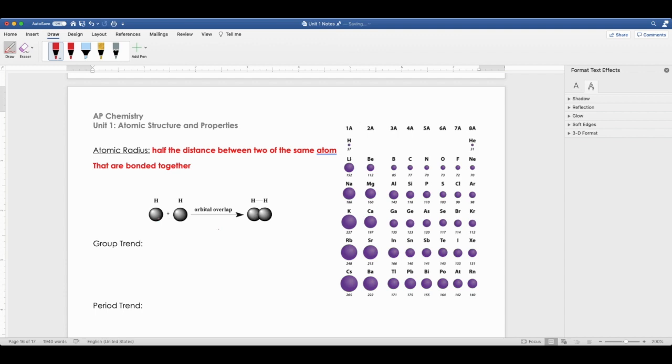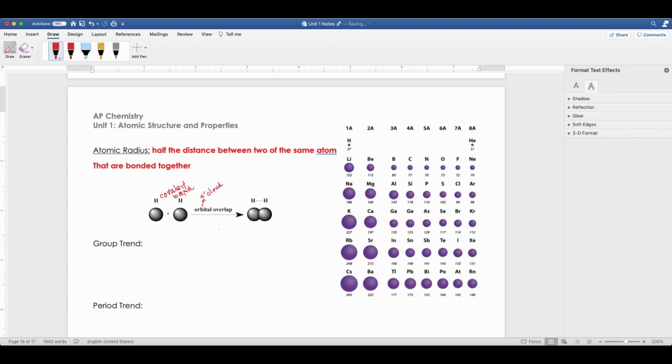Here it is. Let's say I have one hydrogen atom and another hydrogen atom. These are going to form a covalent bond in between them. When atoms bond, the reason why they bond is to lower their potential energy. So these particular atoms are going to come closer together until their electron clouds overlap. An orbital is a fancy way of saying electron cloud.